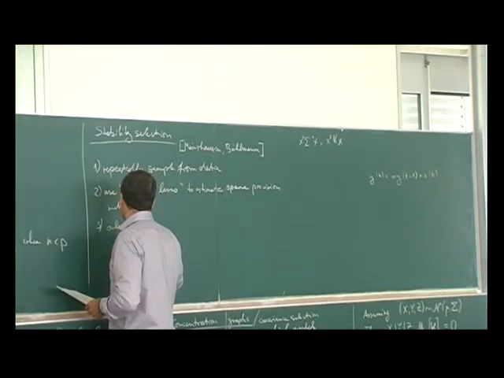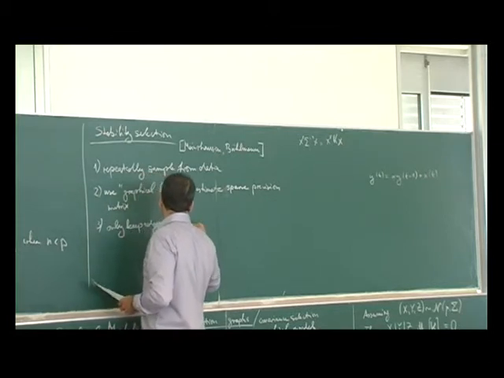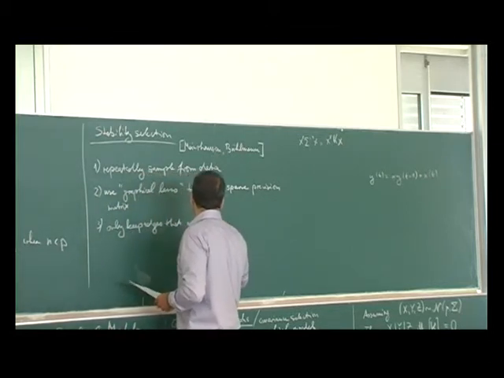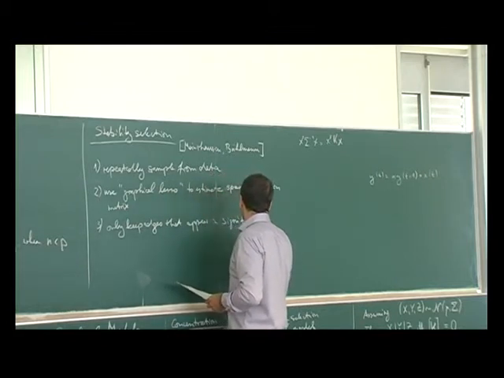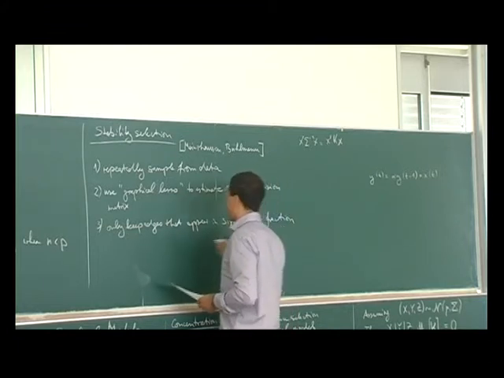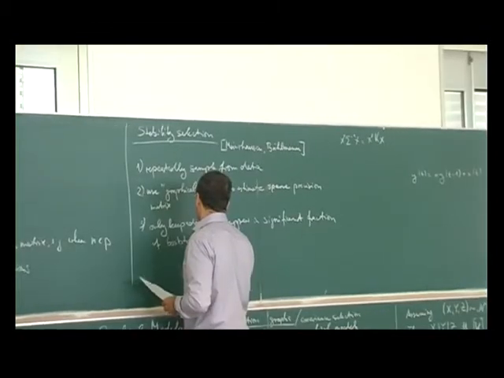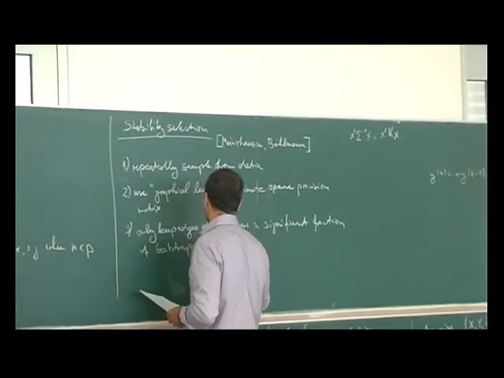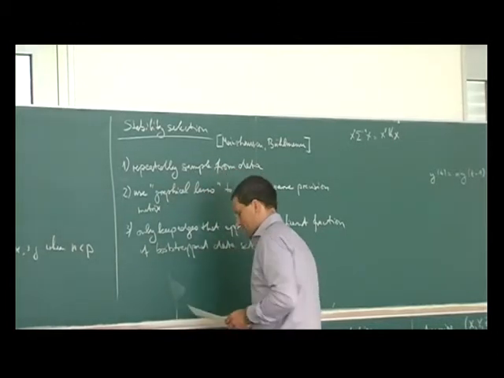So you only keep edges that appear in a significant fraction of your newly generated data sets.